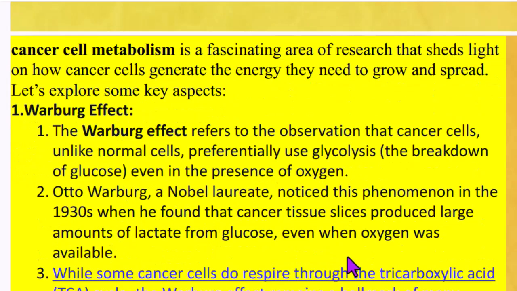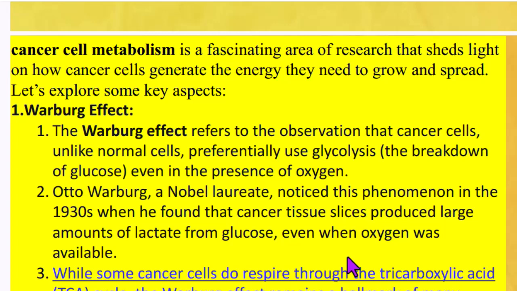The Warburg effect. The Warburg effect refers to the observation, named for the scientist who discovered this phenomenon, Otto Warburg, in the 1930s, that unlike normal cells, cancer cells use glycolysis, the breakdown of glucose, even in the presence of oxygen.